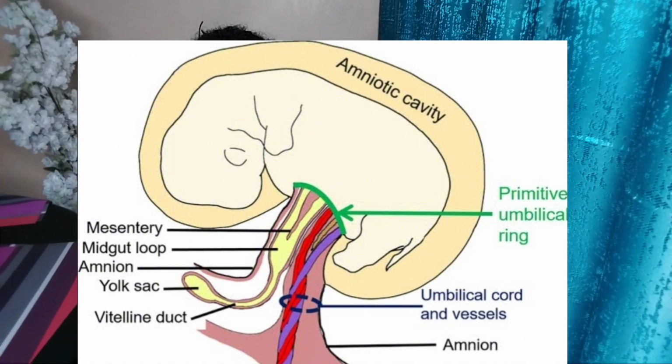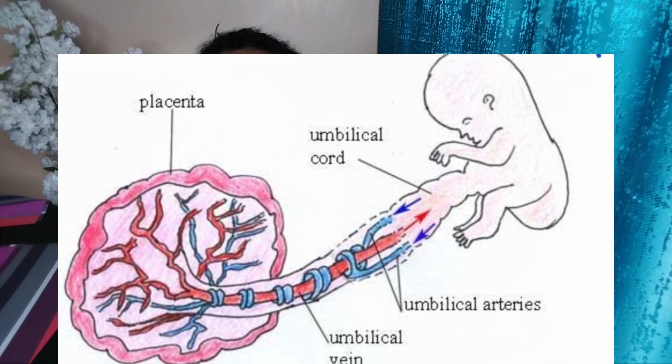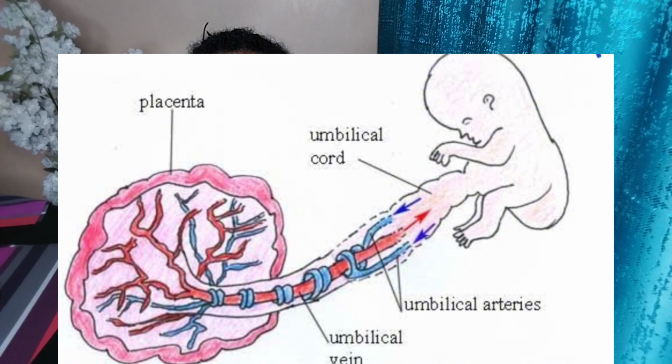The other structures that will also compose the umbilical cord will include one large umbilical vein and two umbilical arteries.